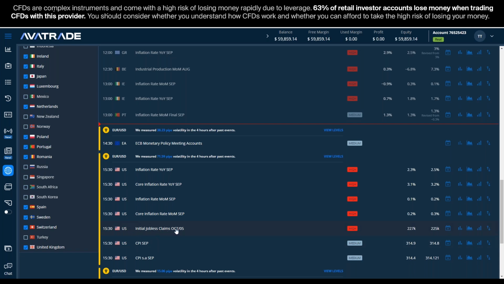We do have initial jobless claims that are coming out at the same time as all of this inflationary data: core inflation rate, overall inflation rate, that's month over month and also year over year, inflation rate and core inflation rate year over year and month over month, and then jobless claims coming out as well.